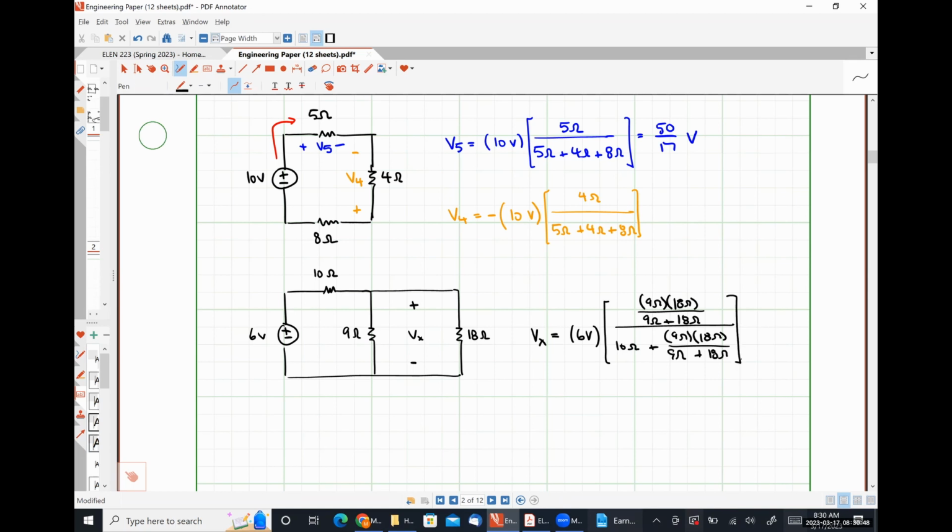So that's going to look like 36 over 16, which would be, doing better math, let's see, 18 over 8, 9 over 4.